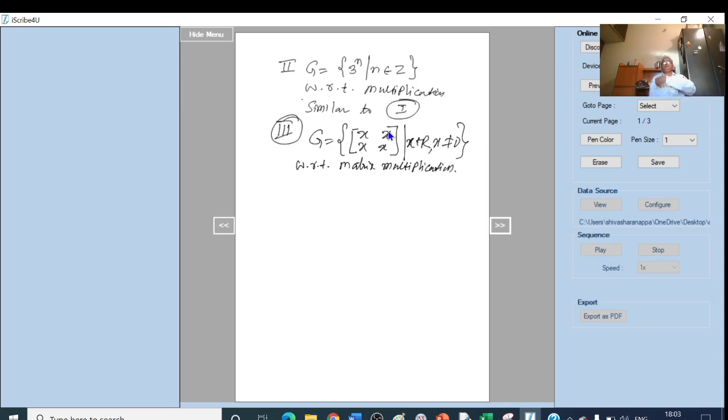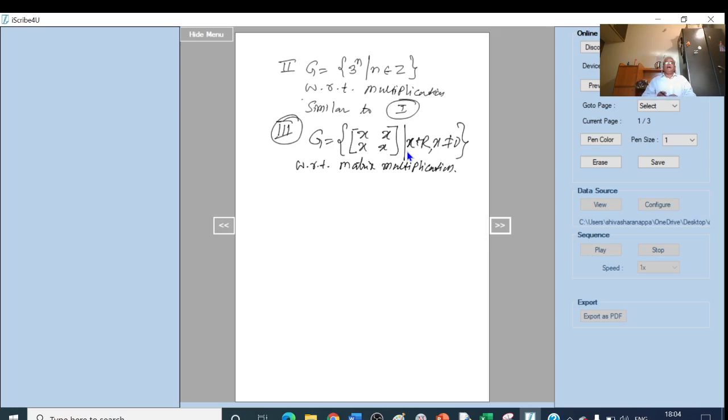That is, G is the set consisting of the 2 by 2 matrices where all the elements are the same and those elements belong to R, that is a real number, and they are not equal to 0. We have to verify whether this is a group with respect to matrix multiplication or not.